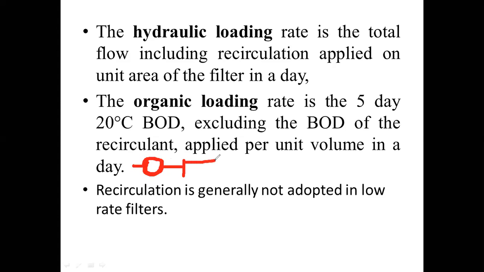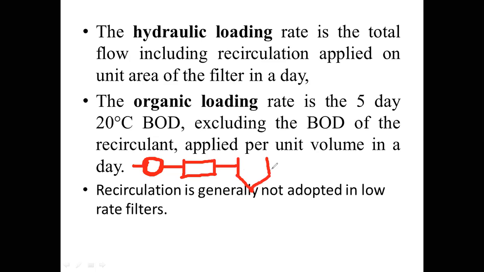Then in the aeration tank of the activated sludge process, the remaining amount is treated, and maybe 20% BOD will be allowed to remain in the effluent. It is not possible to remove 100%, and it would consume a lot of energy and time to prepare the water up to that level.